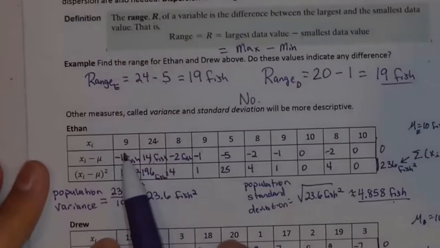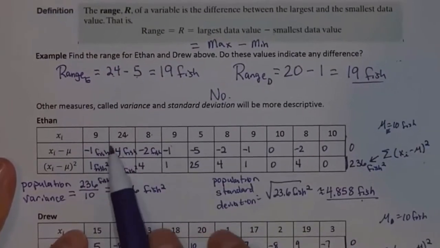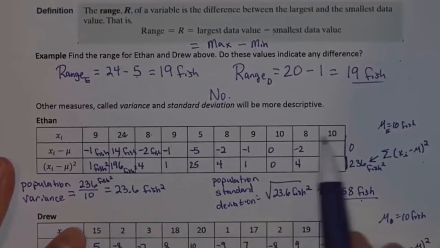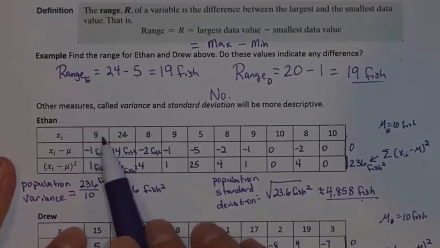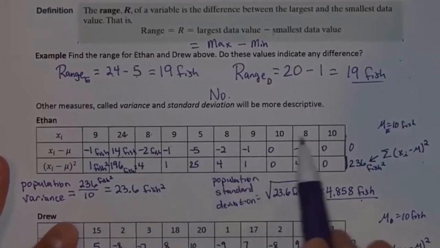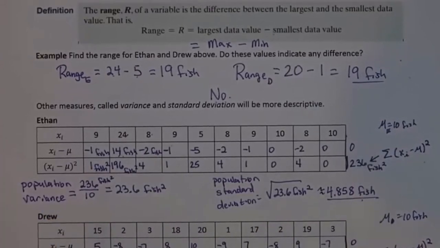So if these data values, instead of being 9, 24, and so on, if I were to multiply all of those by 100, if this was 900 and 2400 and 800 and 900 and 500 and so on, then the fact that those data are in the hundreds instead of mostly single digits is going to give me a larger standard deviation. So bigger data is going to have bigger standard deviation just because the numbers are bigger. So don't lose sight of that.